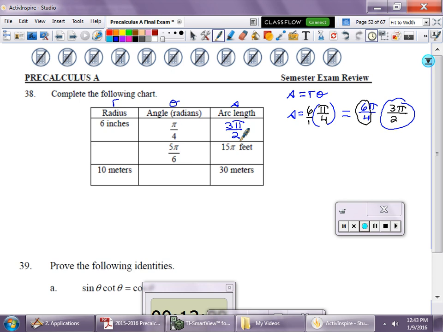Now we are looking for this. Again, all we're going to do is substitute. Write the formula again. Formulas are designed to substitute into. Okay, substituting this time r. I'm looking for my s. Your r is missing. So s, you have the value. That's 15 pi.